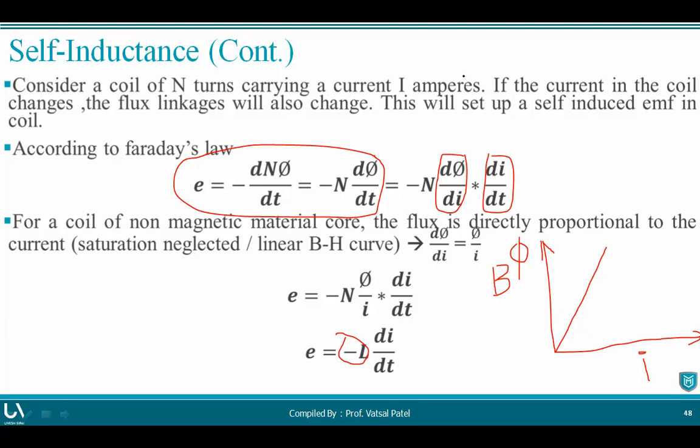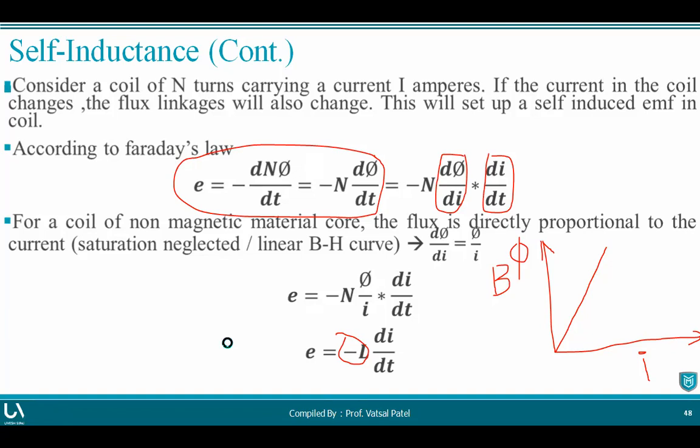Yes, it is the opposite direction. Exactly. The induced EMF is in the opposite direction to the rate of change of current. So that is what the minus sign indicates here.